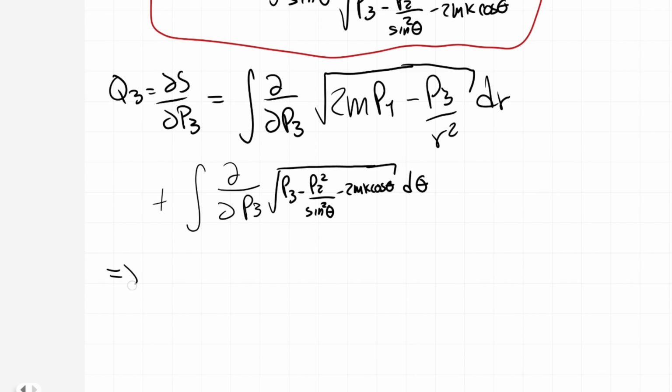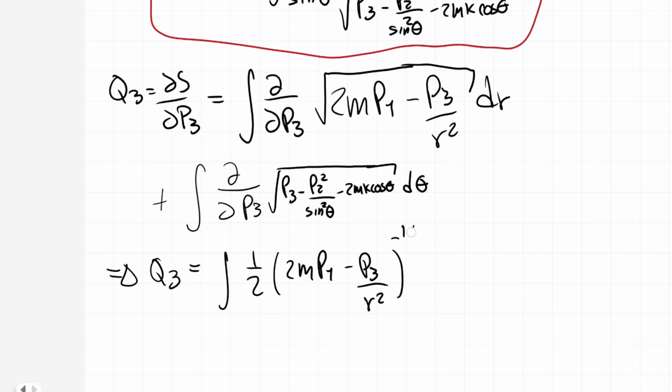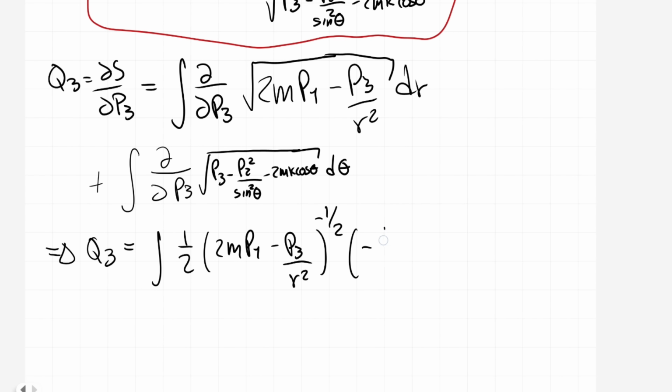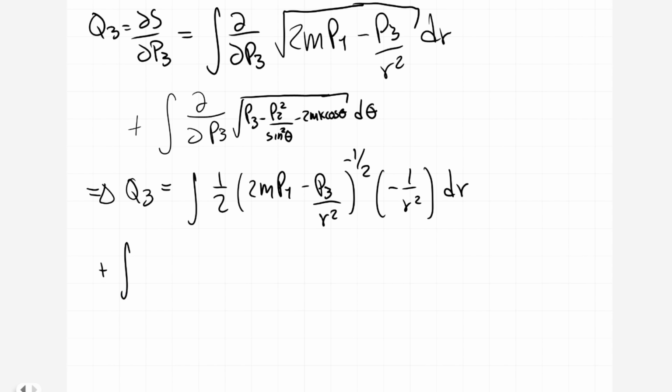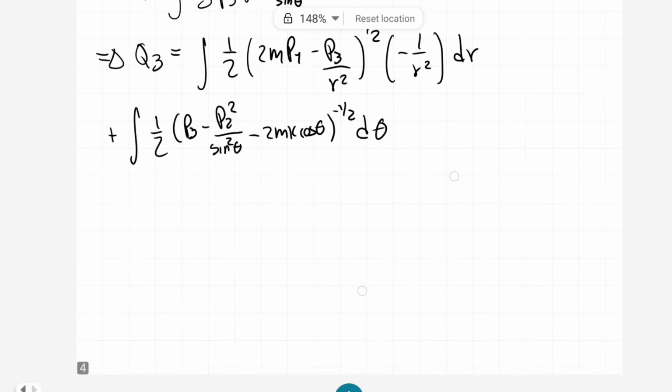So Q3 is going to be the integral of 1/2 (2m(p1 minus P3 divided by r squared)) to the negative 1/2, and then times minus 1 divided by r squared dr, plus the integral of 1/2 (P3 minus P2 squared divided by sine squared theta minus 2mk cosine theta) to the negative 1/2, d theta. Okay, perfect.